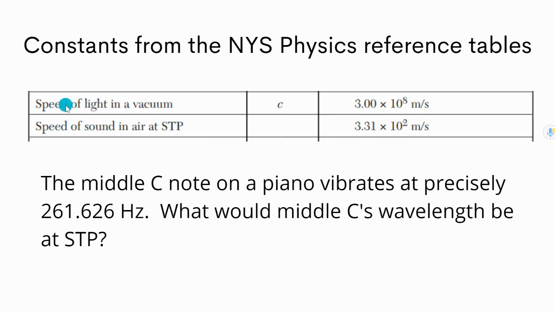Like there are constant speeds. The speed of light in a vacuum, like in space between planets, would be 3.00 times 10 to the 8 meters per second. It gets a special letter C. So this is a constant on the front page of our reference table. We also have another constant, the speed of sound in air at standard temperature and pressure. That is 331 meters per second.